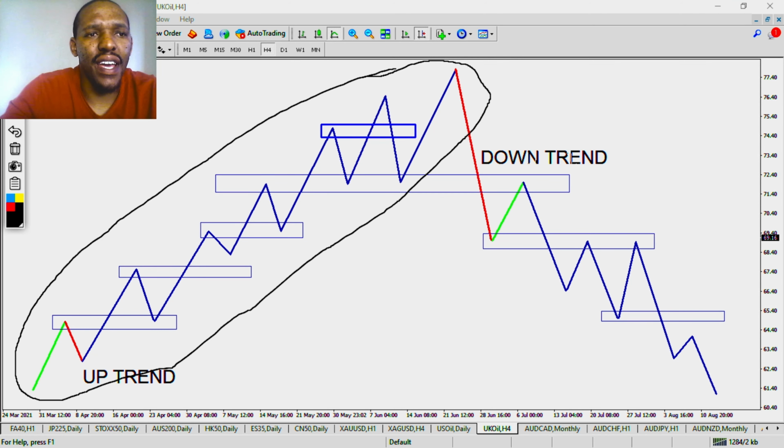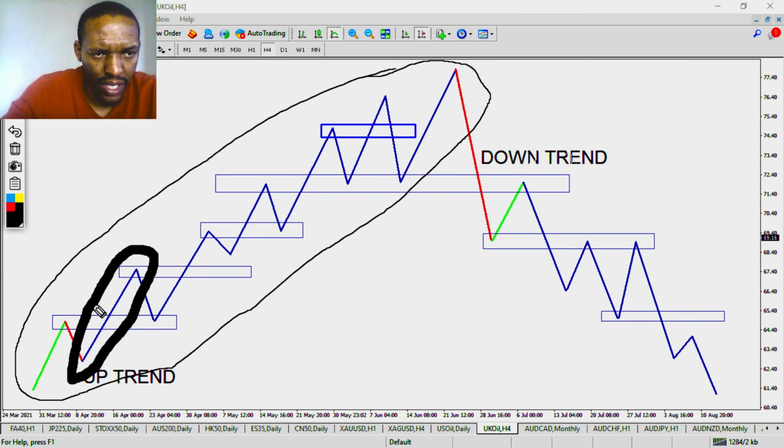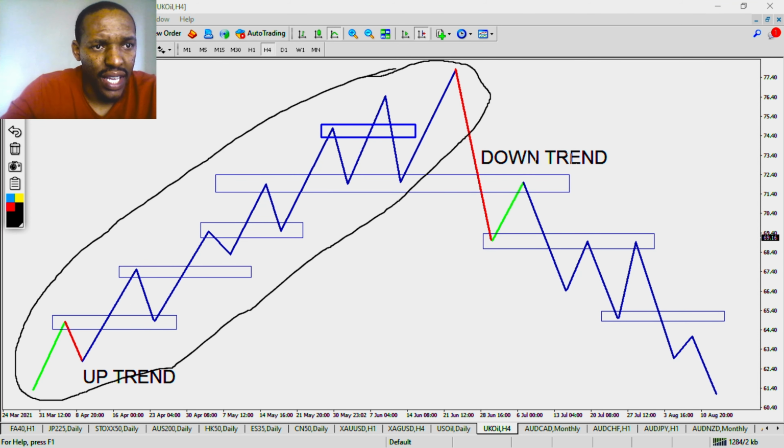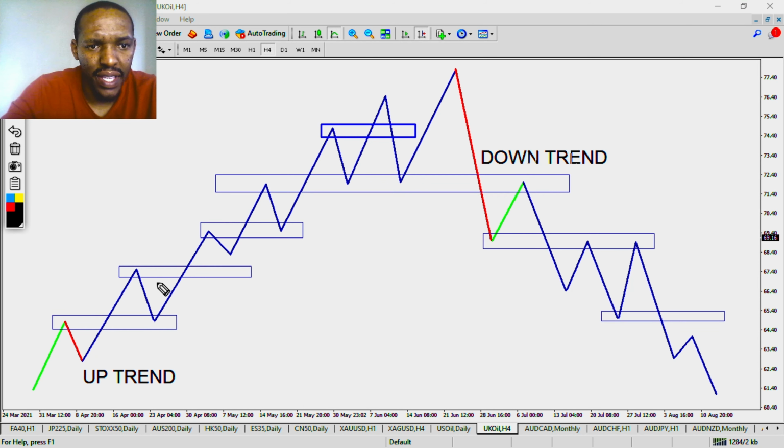So basically what we have here, we have an impulse, which is this, the leg to the upside, and we have a pullback, which will be this small leg to the downside.